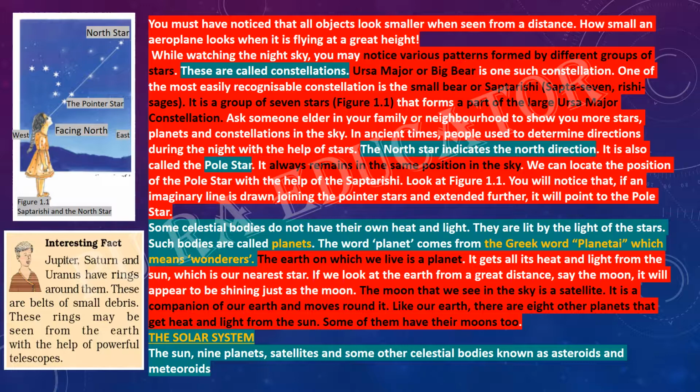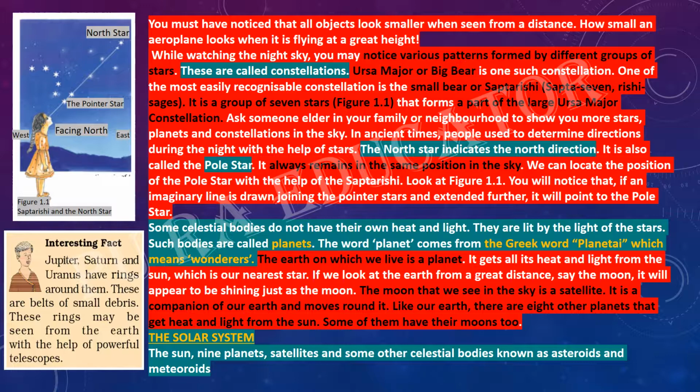Now we'll see some facts about the solar system. Solar system consists of the sun and the 8 planets. Before there were 9. Satellites and other celestial bodies such as asteroids and meteors form the complete solar system.